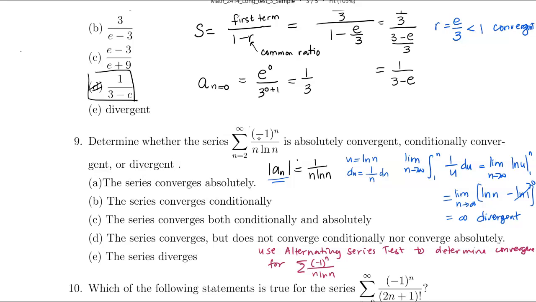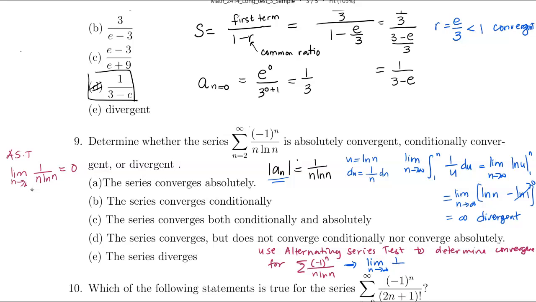Now, all you need to do is take the limit, right? So this is the alternating series test. I'll take the limit of 1 over n as n approaches infinity. That is equal to 0 because the denominator is infinite. Because a series is alternating, it is also decreasing.